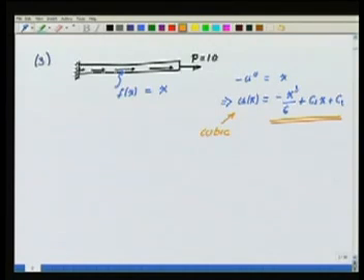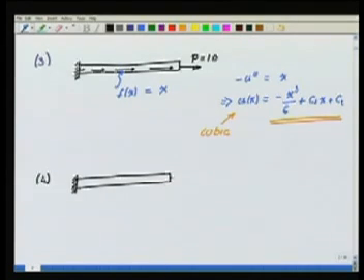I could also create a fourth problem, such that my f of x is a quadratic.